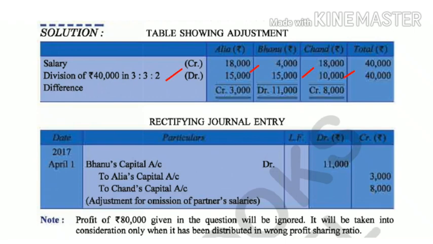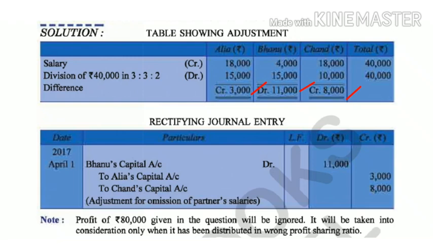So Alia 15,000 debit, Bhanu 15,000 debit, Chand 10,000 debit. After comparison of each column, Alia's 15,000 debit and 18,000 credit, you find that 18,000 is more. How much more? 3,000 credit to Alia. Similarly, Bhanu, if you compare, you will find the debit is more by 11,000. Similarly, for Chand, credit is more: 18,000 is credit while 10,000 is debit, so 8,000 credit is more.